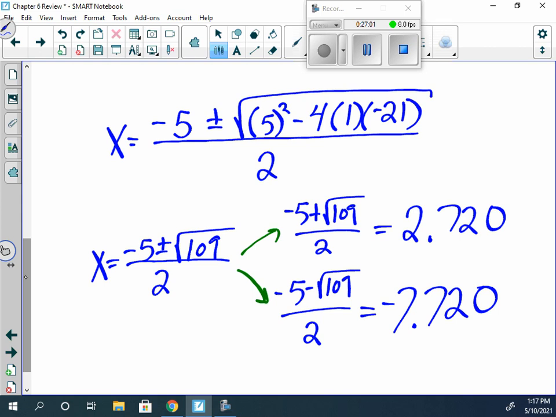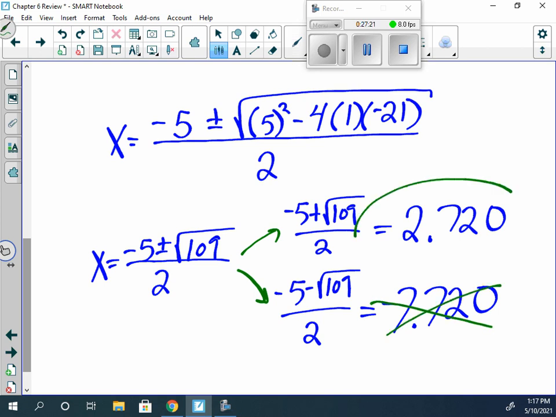Now again, when we go back and look at what we started with, x plus 4 and x plus 1 were our two terms inside the parentheses, yes? Well, negative 7.720 plus 4, that's still going to be a negative number, yes? If we add 1 to it, it's still going to be a negative number.